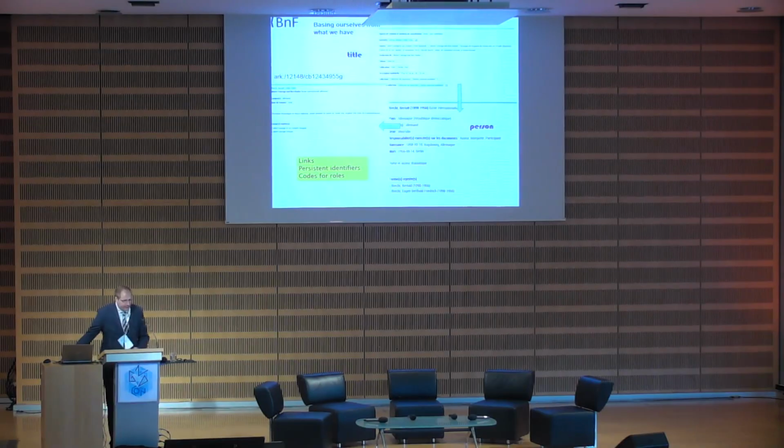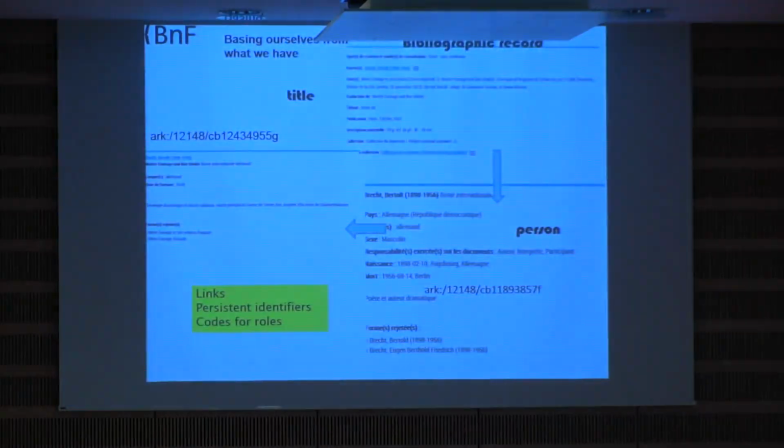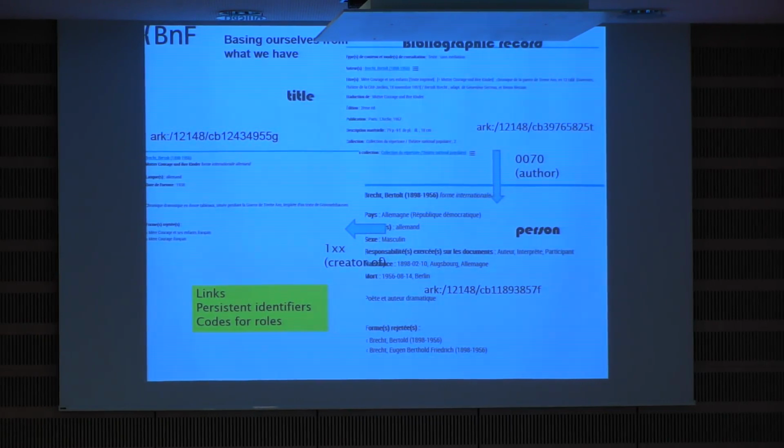So in our catalog, we have bibliographic records and authority records. For instance, authority records for persons and for works. And these records are based on persistent identifiers. At the BNF, we have implemented the ARK protocol for persistent identifiers, and we have also links and codes for roles.